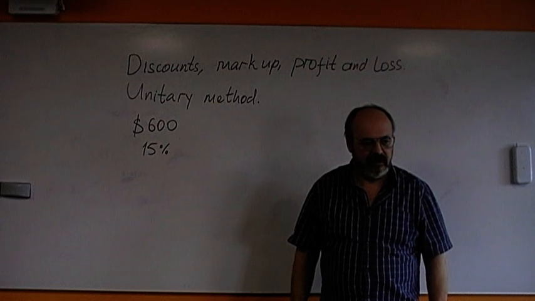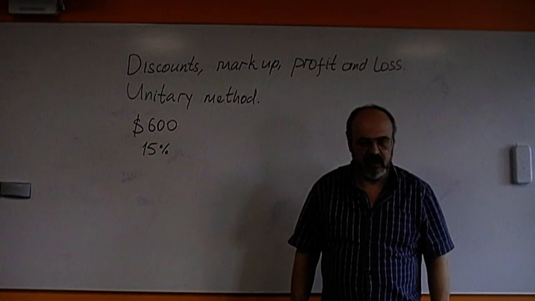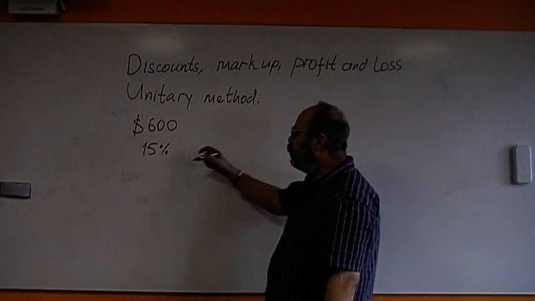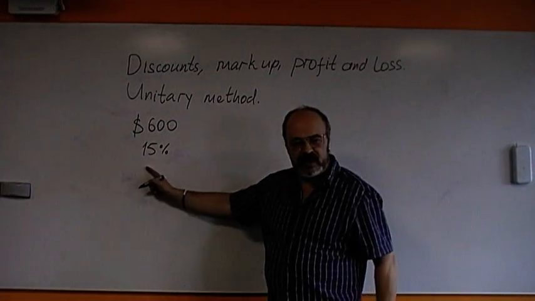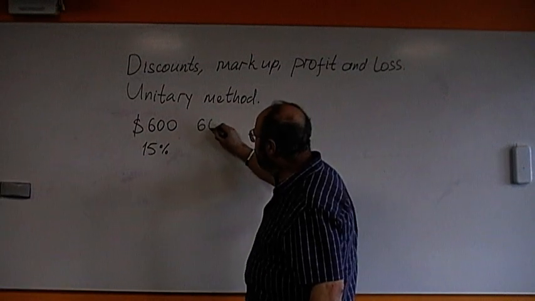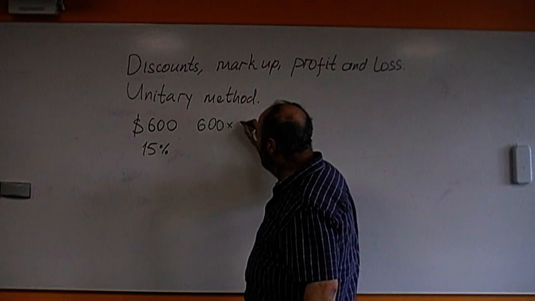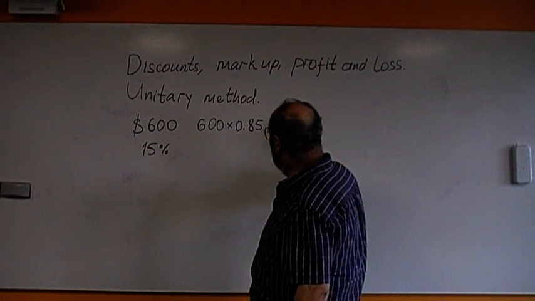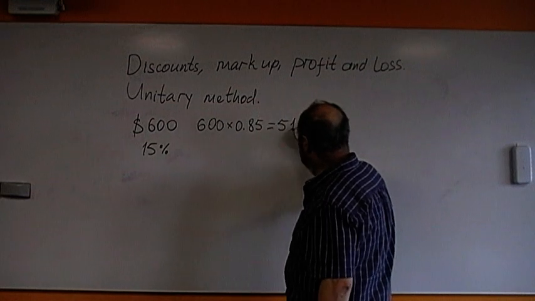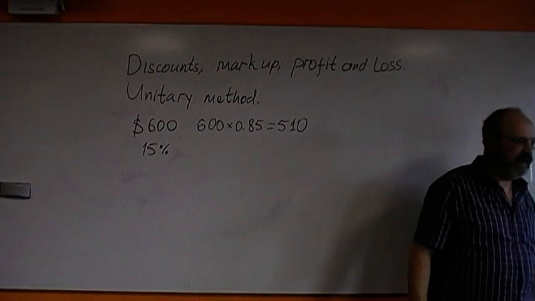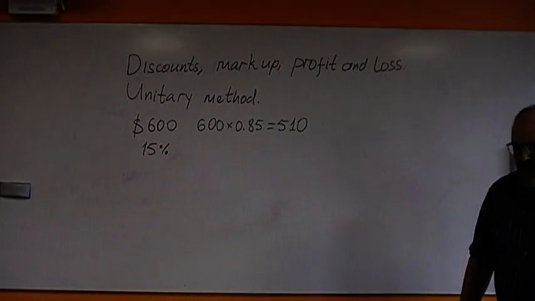You do 600 times 0.85, because after we remove 15%, we have 85% left. So we multiply 600 times 0.85, which will be equal to $510. So the sale price will be $510. Make sense?